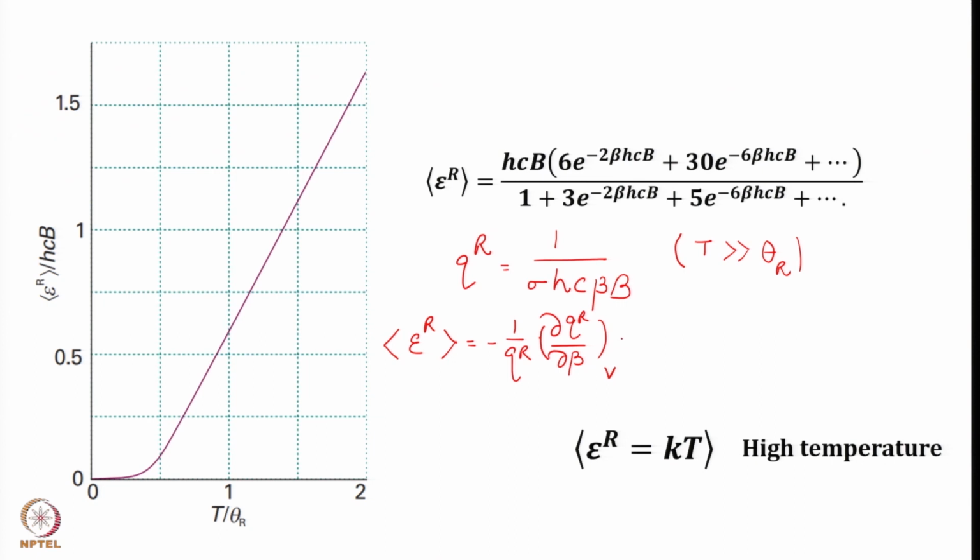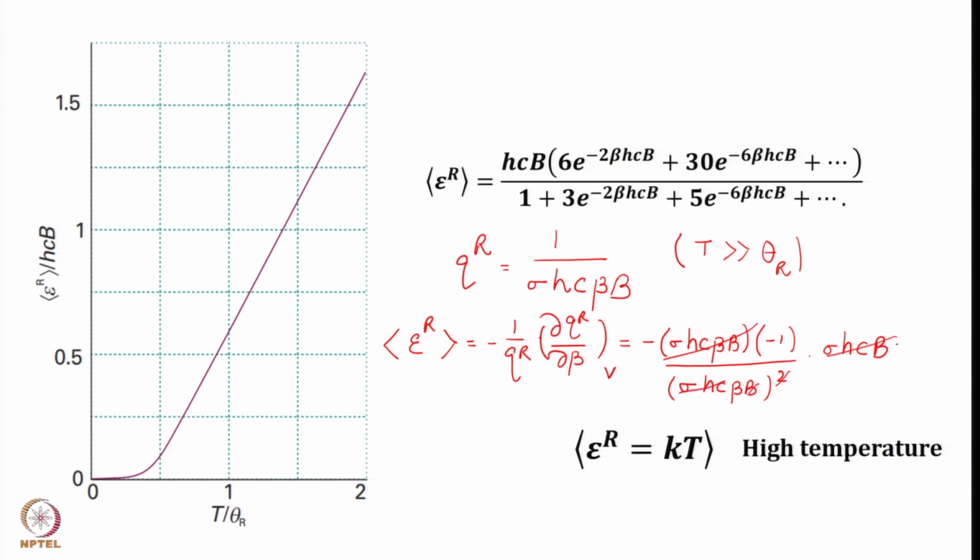Let us see. It is minus 1 over q r, and 1 over q r will be sigma h c beta B, into the derivative of q r, which is going to be minus 1 over sigma h c beta B whole squared, into sigma h c B. So minus and minus becomes plus, and 1 over sigma h c beta B will cancel with this, and sigma hcB will also cancel with sigma hcB.